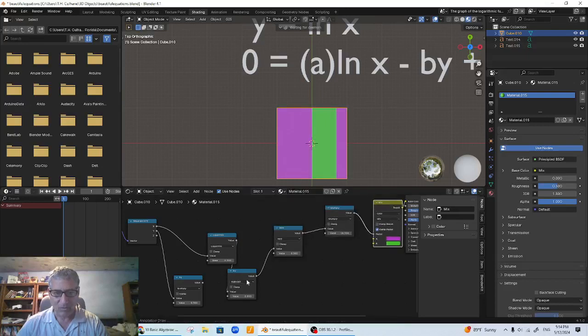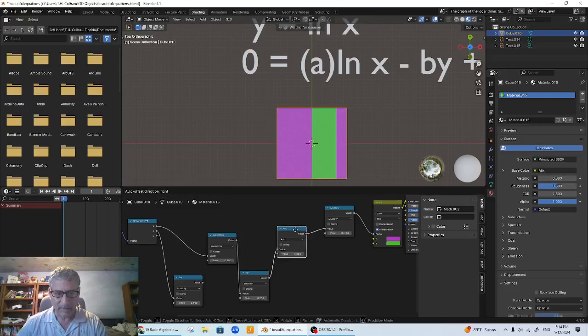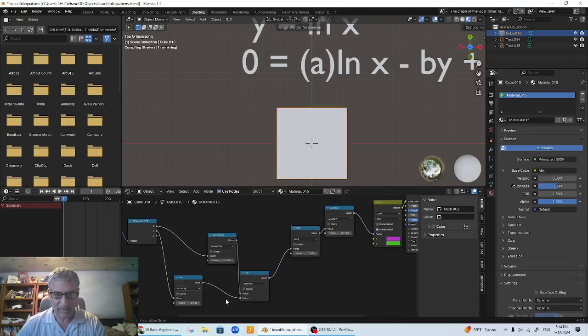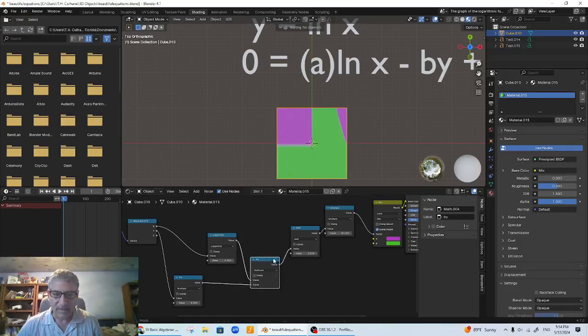And it gave us something really weird. Oh, because it's not connected. So subtracting by. All right, and then you get this really weird, that's plus c.